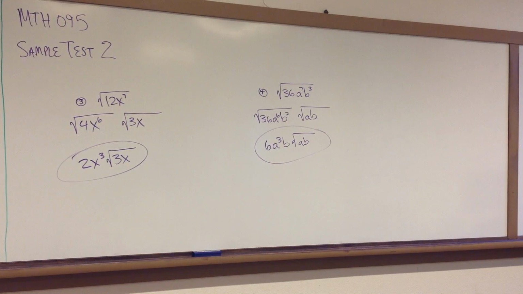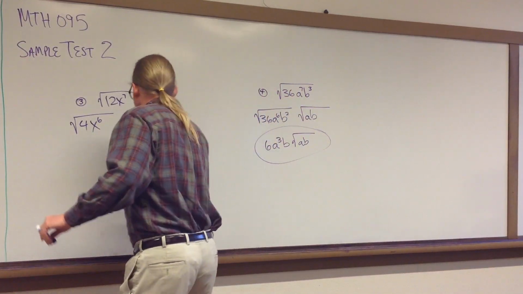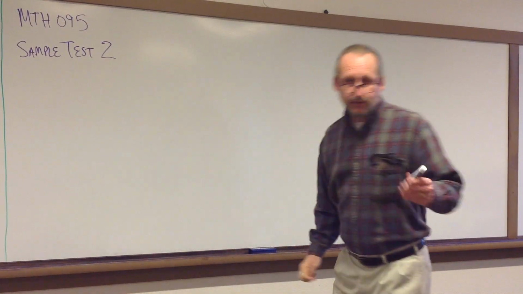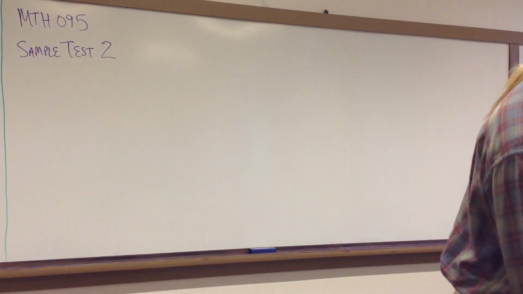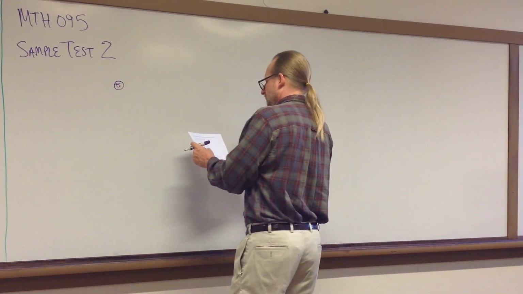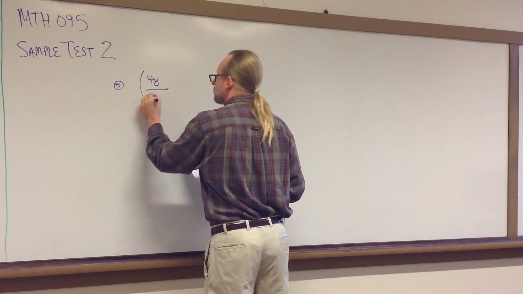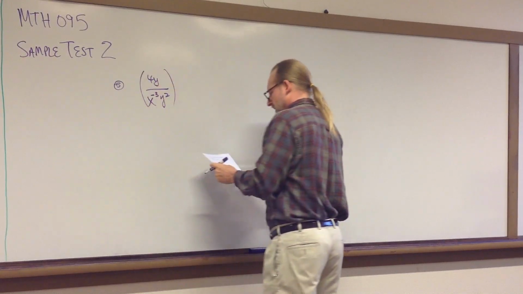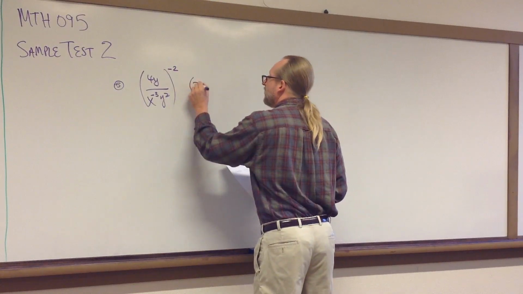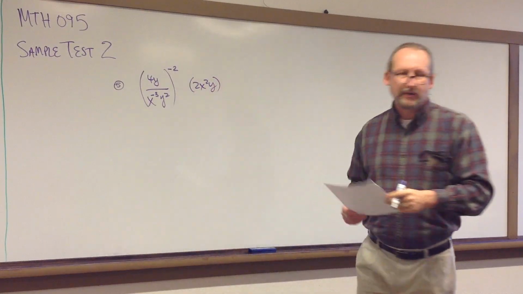Next, we've got these rules of exponents problems. And so that formula sheet that will come with the test should be very helpful in completing these problems. So, problem 5, we've got 4y over x to the minus 3y squared. And that's all being raised to the negative 2 power. And then after we deal with that, we're going to have to multiply it by 2x squared y.